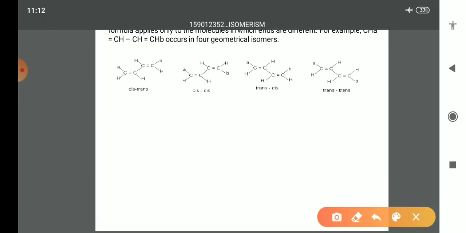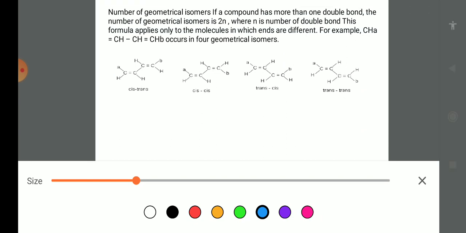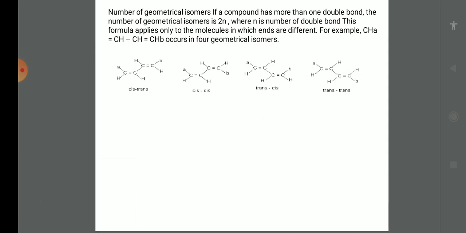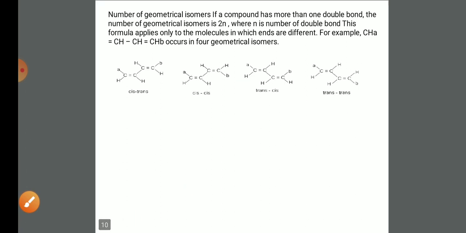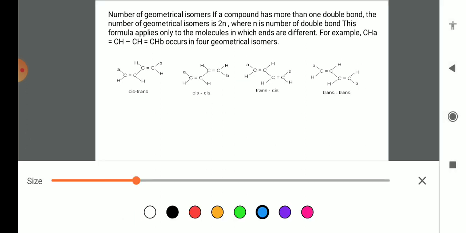Now condition number two, we can see here this H and this H on the same side, so it is called cis, and this H and this H also on the same side, so it is called cis. So it is called the cis form. Now condition number three, the hydrogen and hydrogen on the opposite side is called trans, and the hydrogen and hydrogen on the same side of the second is called cis.